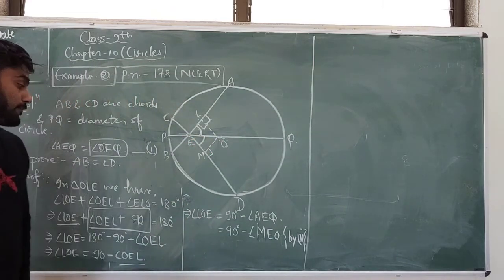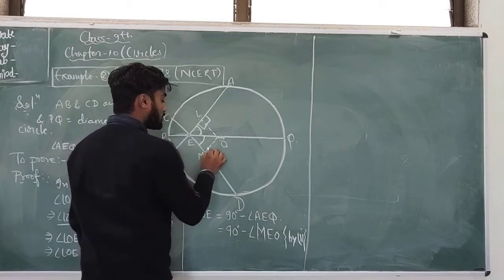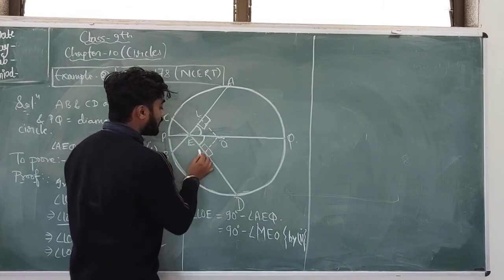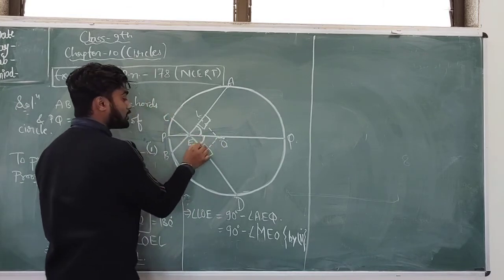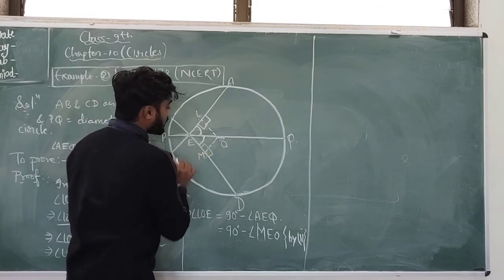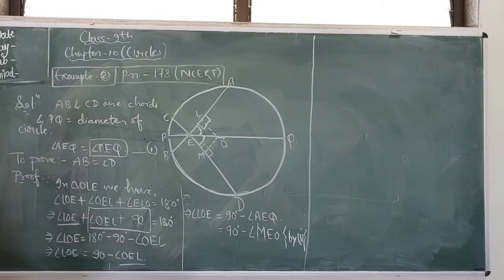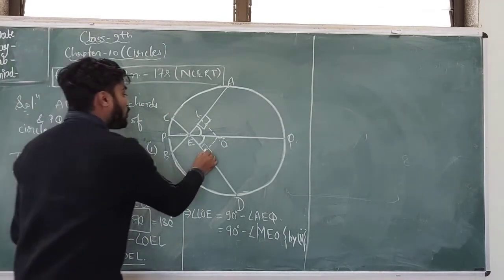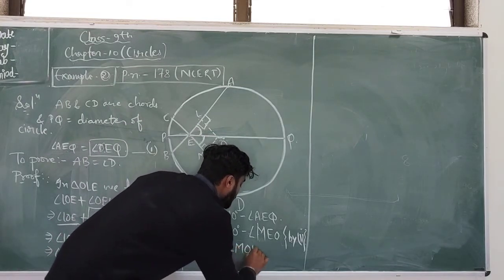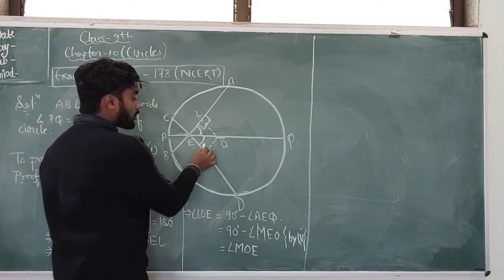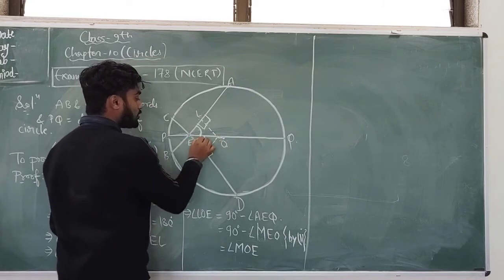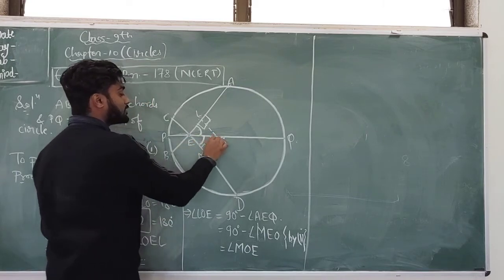So if we subtract here, this angle is also 90, and if you subtract 90 minus MEO from 90, you will get angle MOE, because you have to subtract MEO from 90, so you will definitely get this angle.